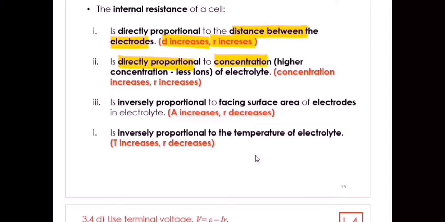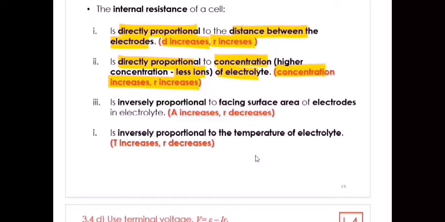If it has higher concentration, it has fewer ions of electrolyte. So when the concentration increases, the internal resistance also increases because it's directly proportional. When the distance increases, the internal resistance increases. Also, when the concentration increases, the internal resistance also increases.